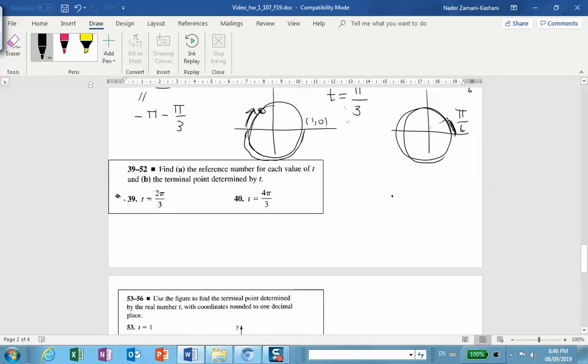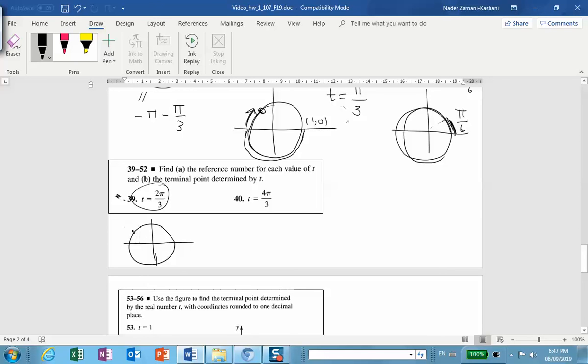All right, so it says find the reference number for each of the values of t. Let's start with 2 pi over 3. Here's the unit circle. Remember, this is pi over 2, this is pi. 2 pi over 3 is somewhere here. So right there.